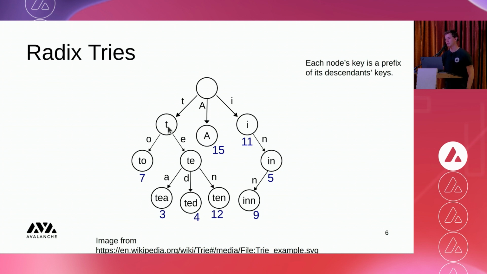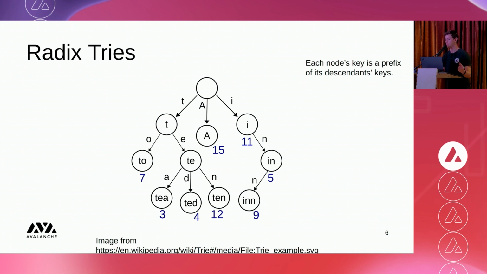Okay, so this node's key is T because it is the T child of its parent, and then its child is O. So this is 2, this is T, and I think you can get a decent sense of how this works from here. Basically, the upshot is each node's key is a prefix of its descendants' keys.